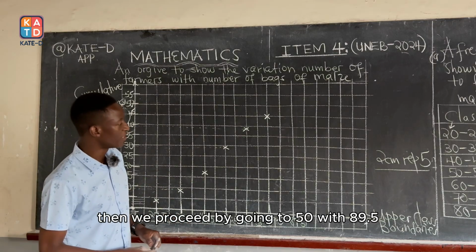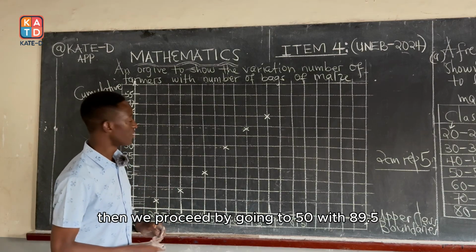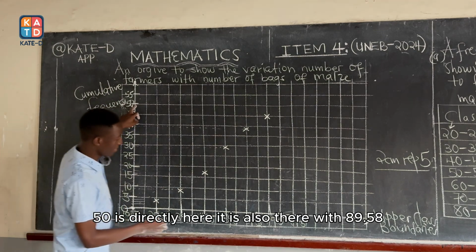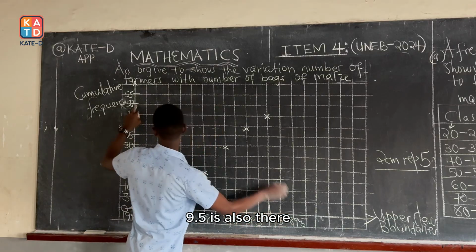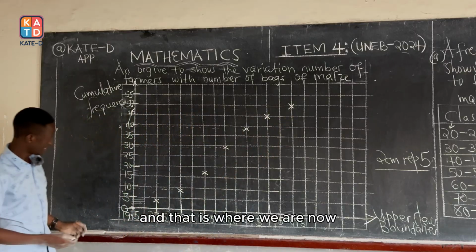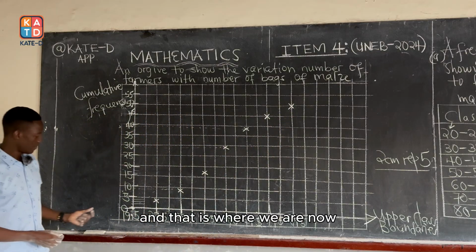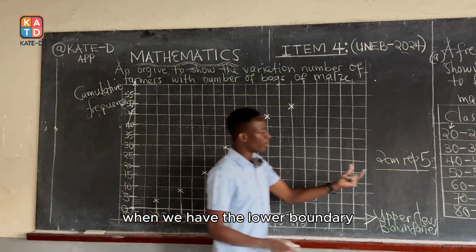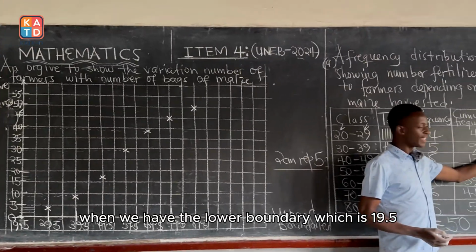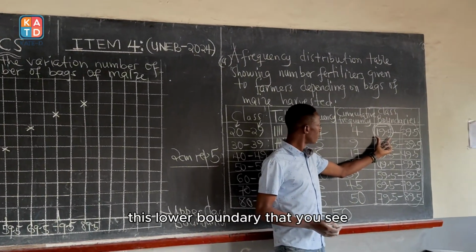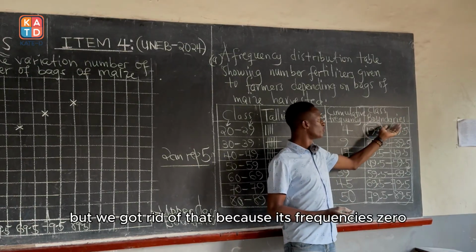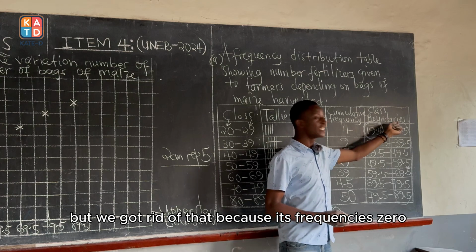Then we proceed by going to 50 with 89.5. 50 is directly here. It is also there with 89.5. We look for the point at which they intersect, and that is where we are. Now, when we have the lower boundary, which is 19.5, this lower boundary that you see, it was also once an upper boundary, but we got rid of that because its frequency is 0.